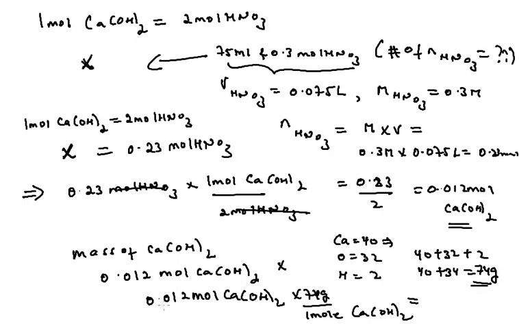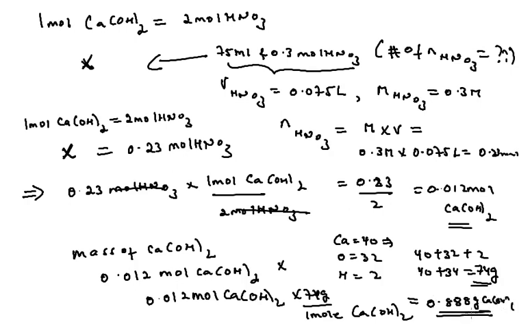Let's do the math together. 0.012 times 74 would give you about 0.888 grams of calcium hydroxide.